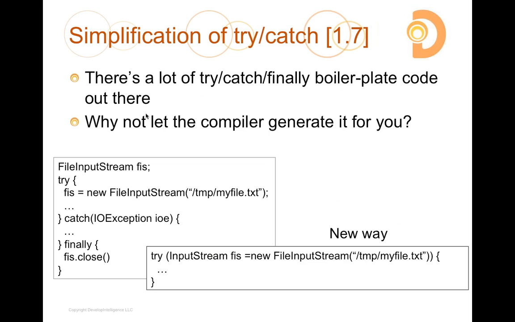The try-catch semantic in 1.7 has been simplified, allowing me to focus more on the logic of what I'm trying to write than creating a bunch of catch blocks.